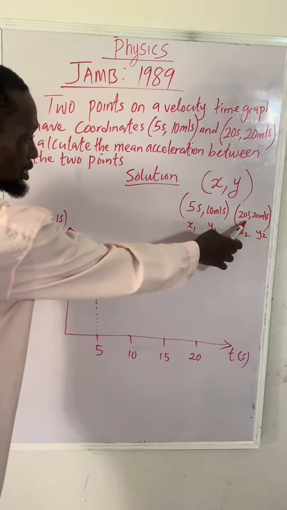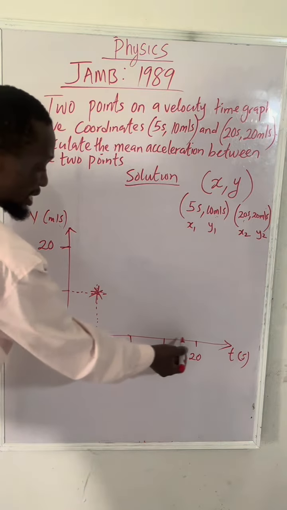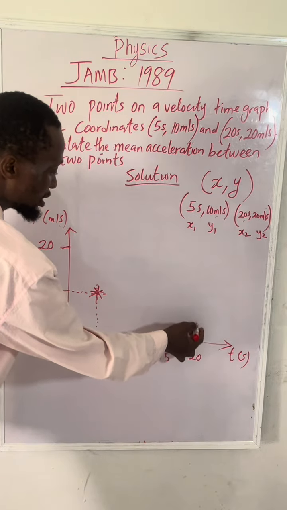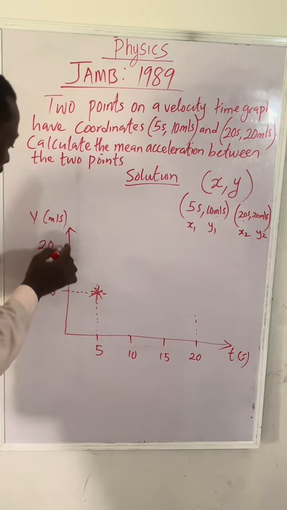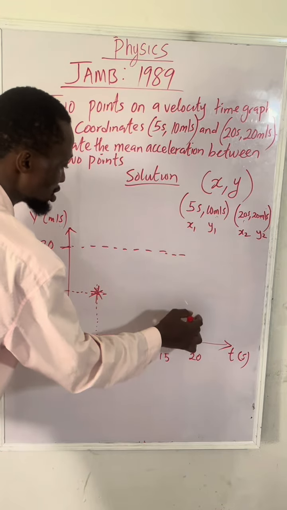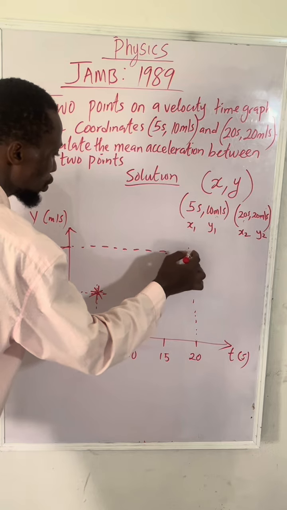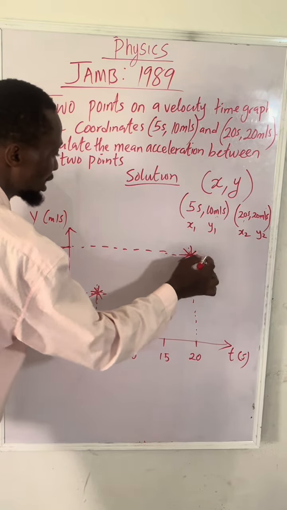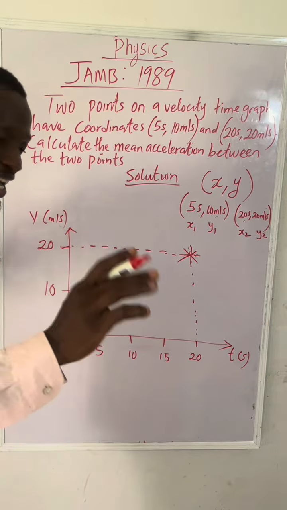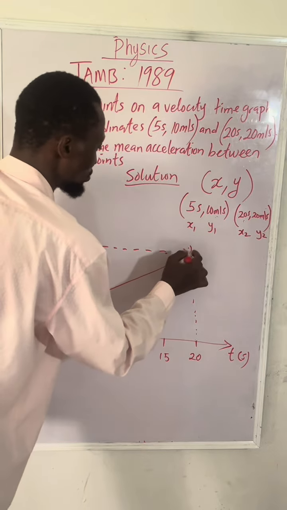Now, the next one is 20 seconds and 20 meters per second. So when the time is 20 seconds, the velocity is 20 meters per second. So you're going to join them where they meet each other. So this is the point that they meet. Now, the next thing is that you're going to join the 2 points together with a straight line.